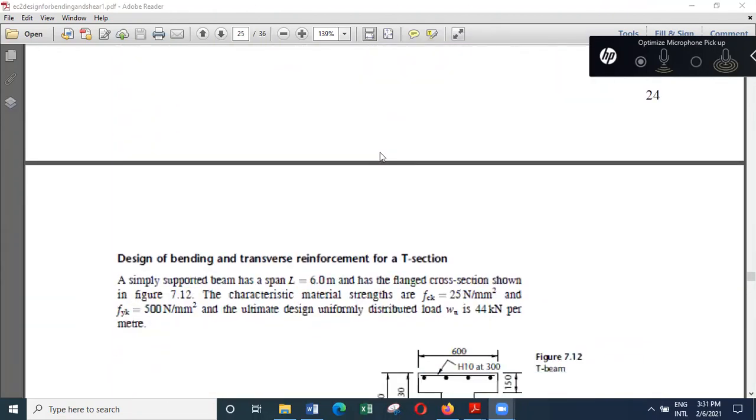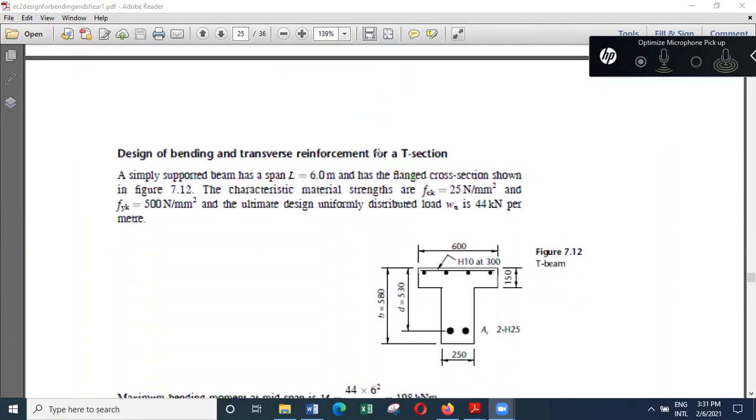So we look at an example, again taken from a book. A simply supported beam has a span of 6 meters and has the flange cross section shown in figure 7.12. So it's a small flange, only 600 millimeters wide.